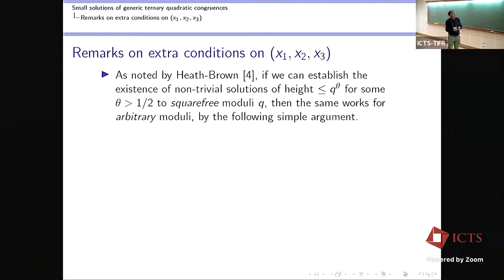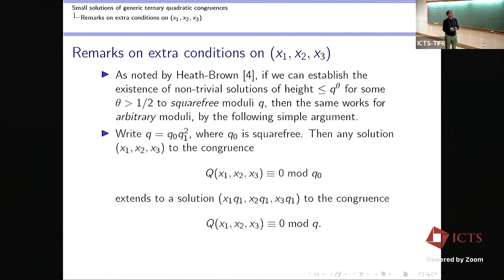Namely, when we have a non-trivial solution of height q to the theta, with theta greater than 1/2, for any large enough square-free modulus, then we can get the same for arbitrary moduli by a simple argument, which goes as follows. So write q as q0 times q1 squared, where q0 is square-free.